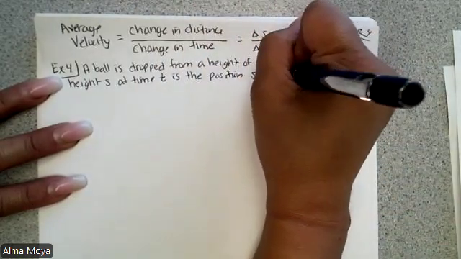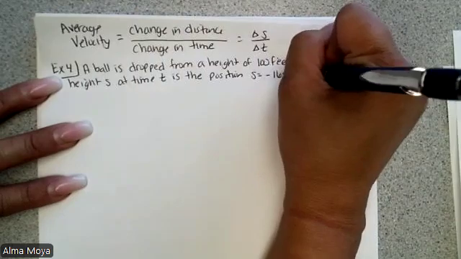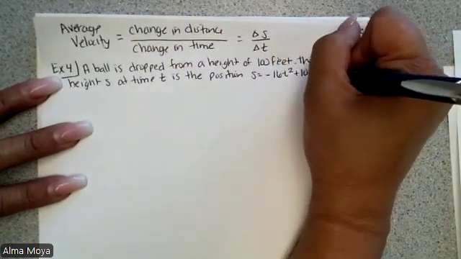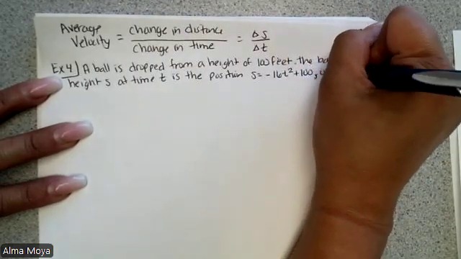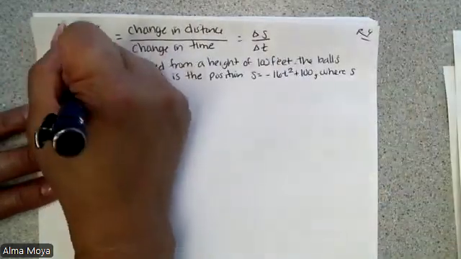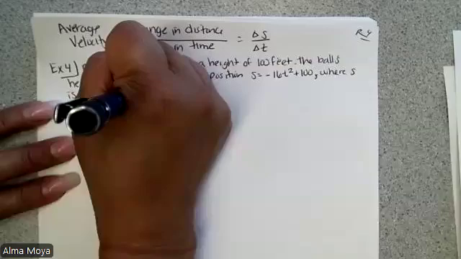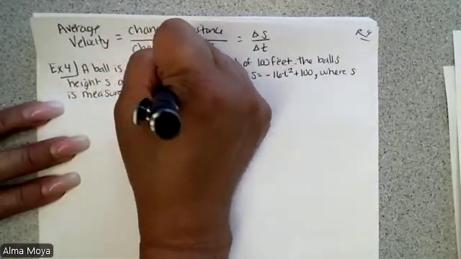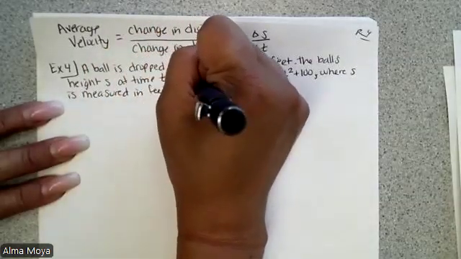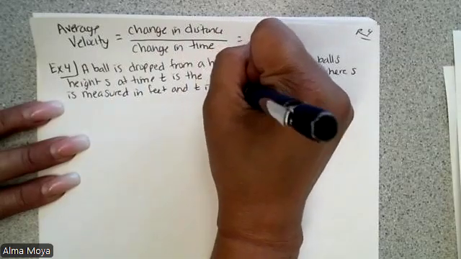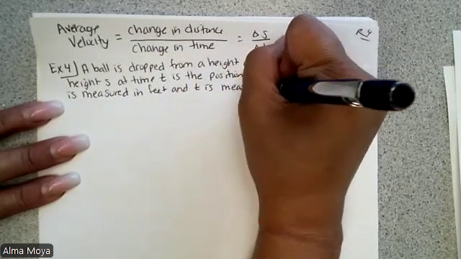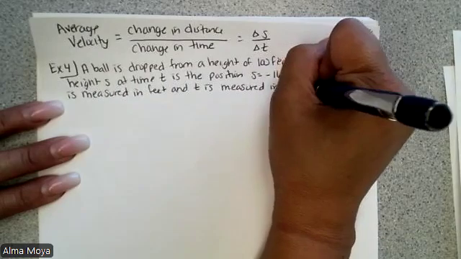S is equal to negative 16 t squared plus 100, where S is measured in feet and t is measured in seconds.